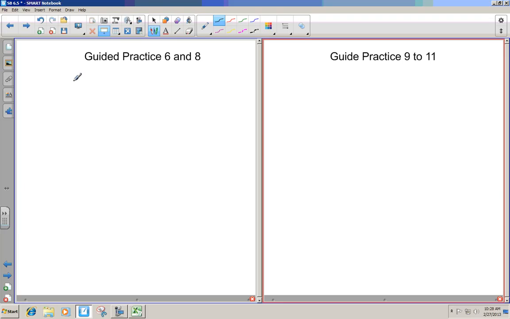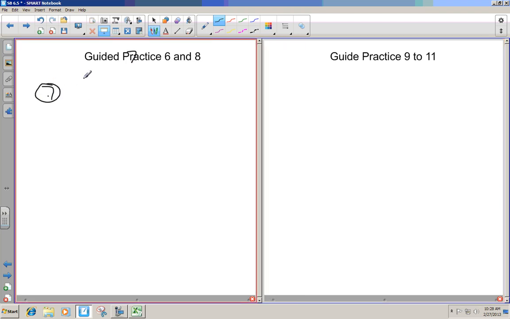All right, guided practice. Let's take a look at some of the next guided practice. We're again not going to do all of them. Let's take a look at number 7. Number 7 is y equals 2 square root of x plus 1. All right, let's start with the domain.